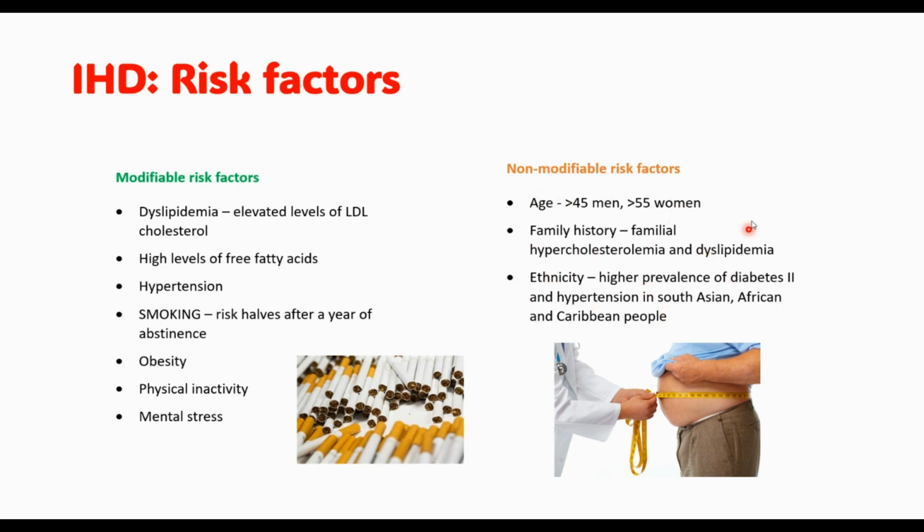So there are genetic conditions which might result in your cholesterol being dysregulated or high, and then certain ethnicities where there's a higher prevalence of conditions such as type 2 diabetes and hypertension, which are risk factors for developing angina, and also risk factors for future cardiovascular events.